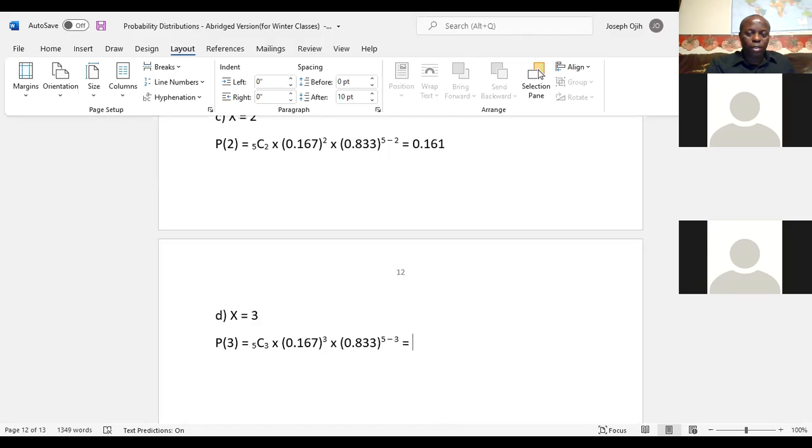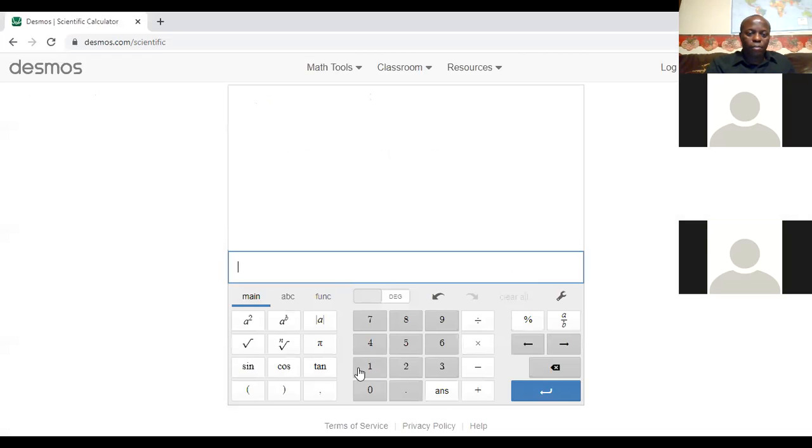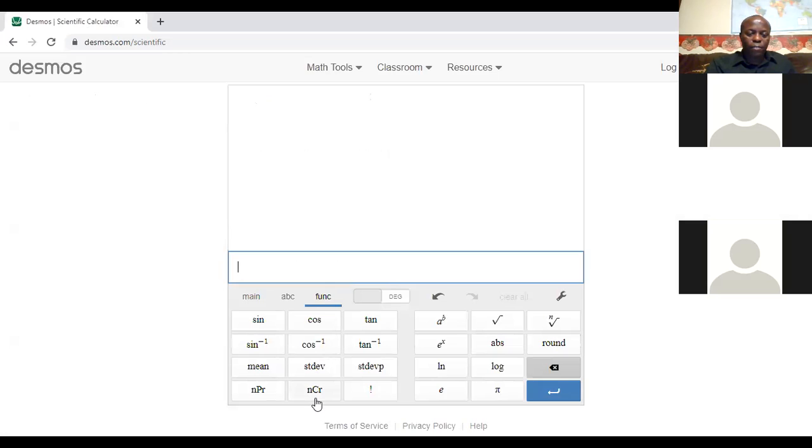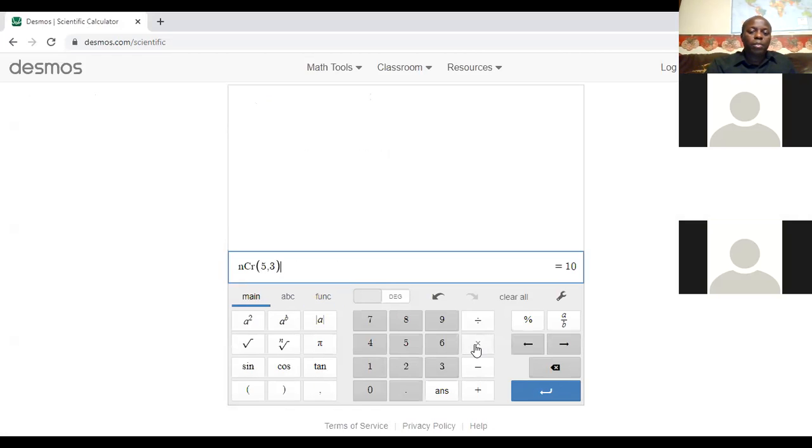5 combination 3, times 0.167 raised to the power 3, and times 0.833 raised to the power 5 minus 3, which is 2.